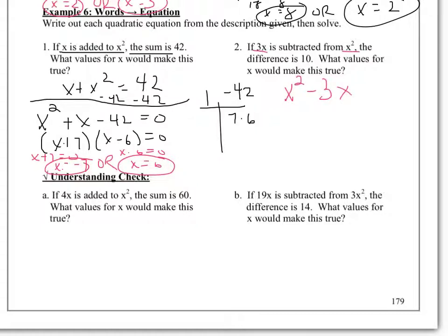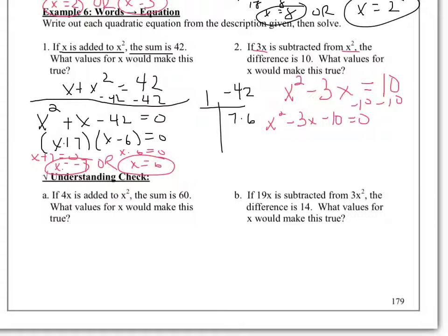This shows that the 3x is being taken away from x squared, and the difference is 10, so the answer is 10. Okay, so setting our equation equal to 0, x squared minus 3x minus 10 is equal to 0.